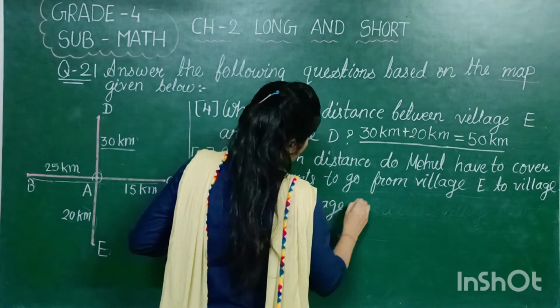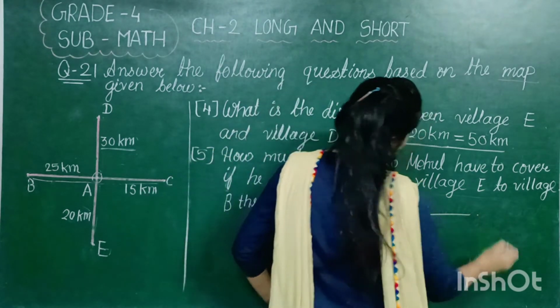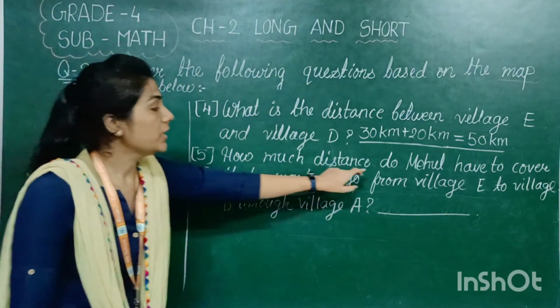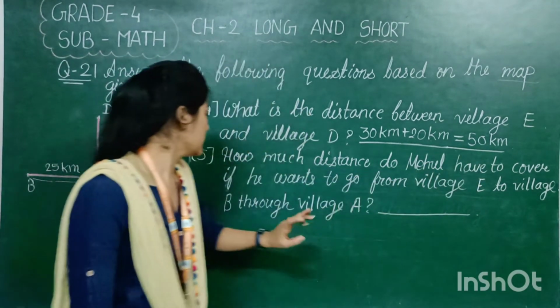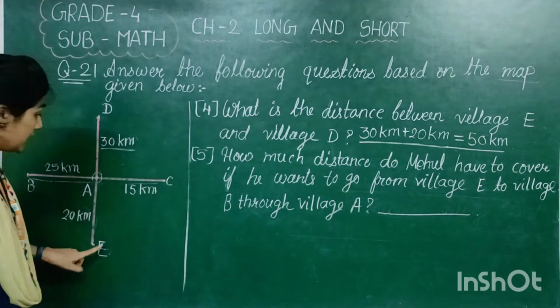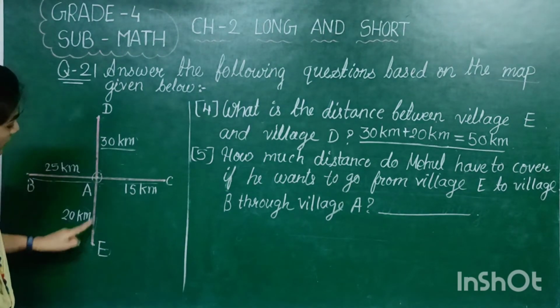Village A. See, first of all you have to read the question very carefully and then you can get the answer. How much distance does Mehul have to cover if he wants to go from village E to village B through village A?